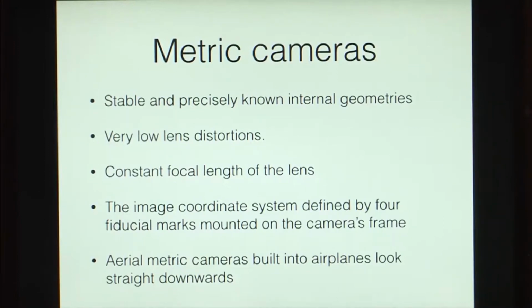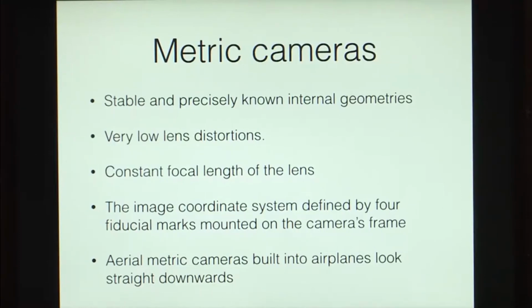For instance, in the case of our eyes, the focal length of the lens varies, but in the case of a metric camera, it will have a precise focal length that will not change. Also, the image coordinate system will be defined by 4 fiducial marks mounted on the camera's frame.